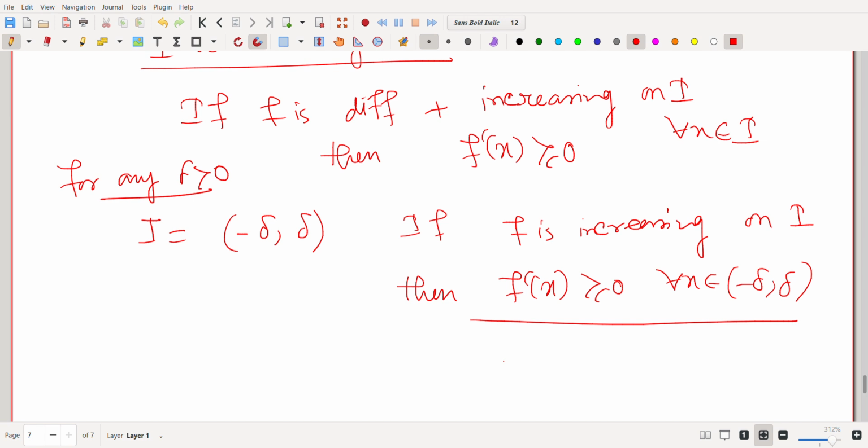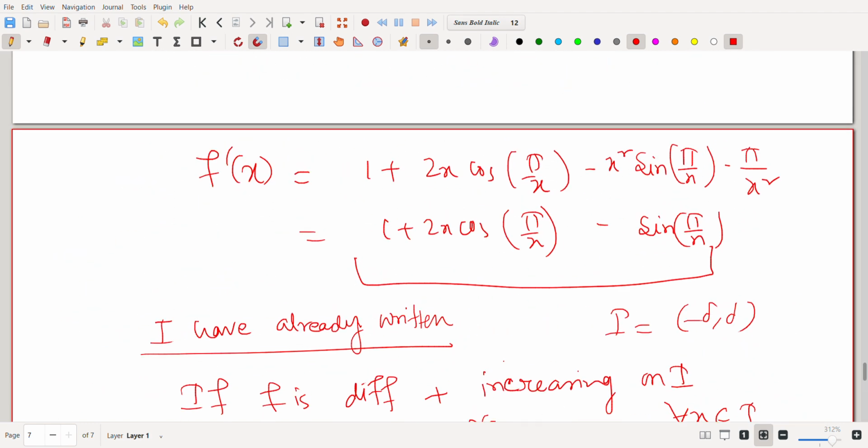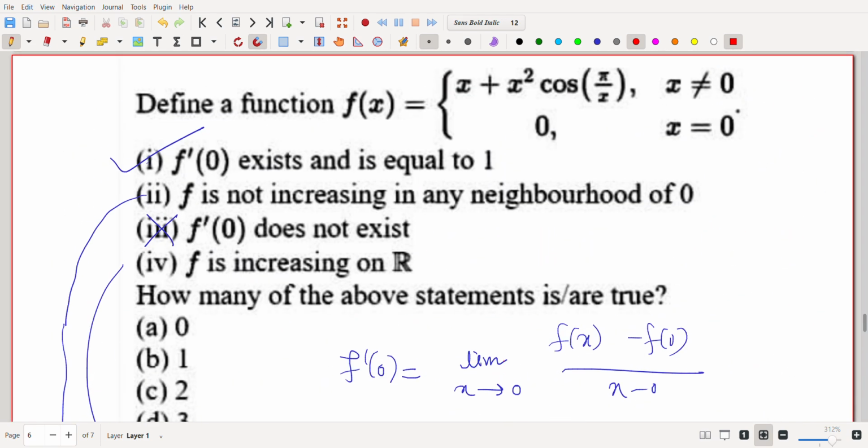Because if f is increasing on some neighborhood of 0, you can find the delta such that f is increasing on the interval (minus delta, delta), and since f is differentiable plus increasing there, that will imply f prime x is greater or equal to 0 for all x belongs to (minus delta, delta), which is not true because of the oscillatory property of this function. That means f is not increasing in any neighborhood of 0.